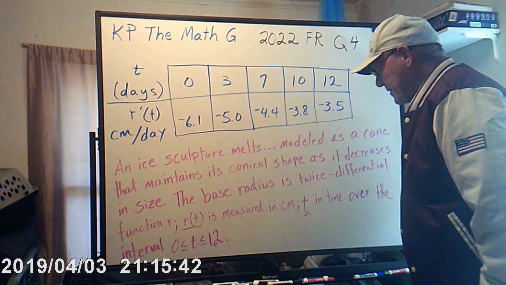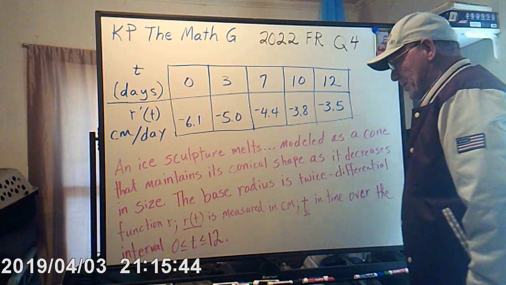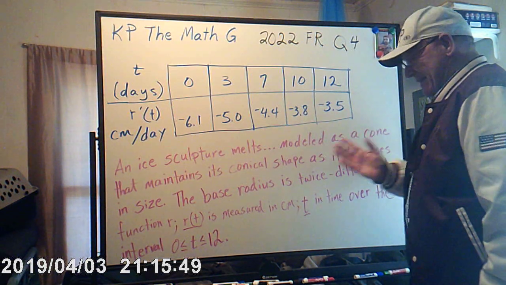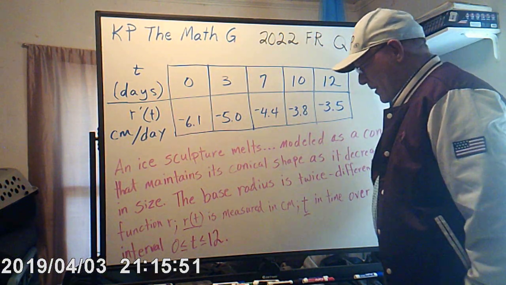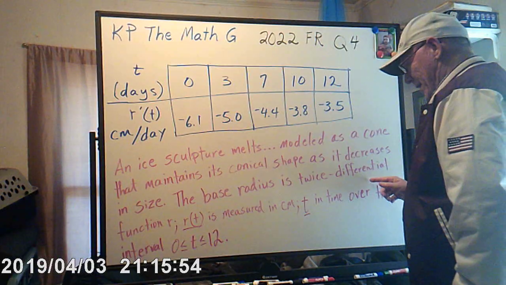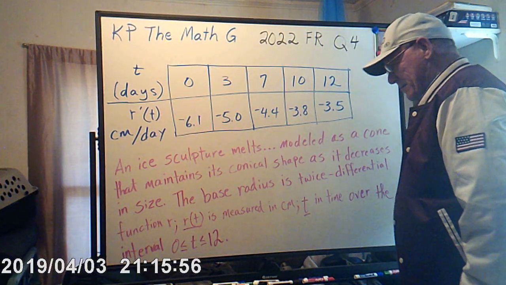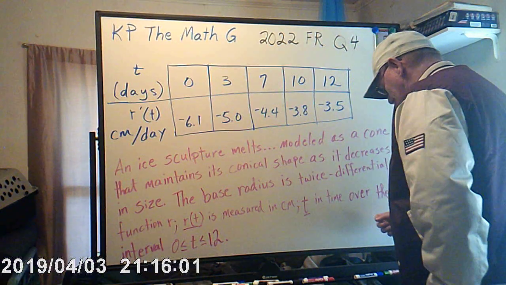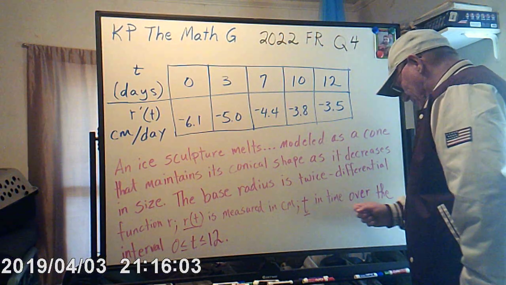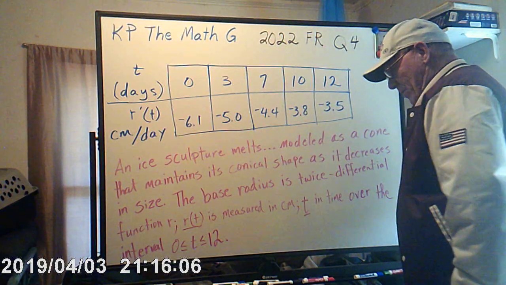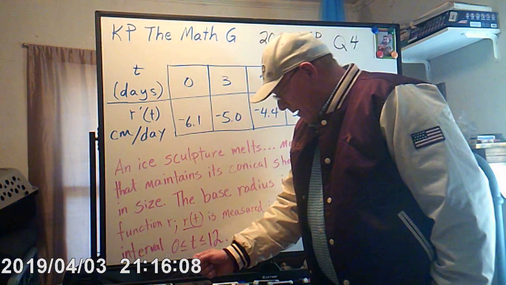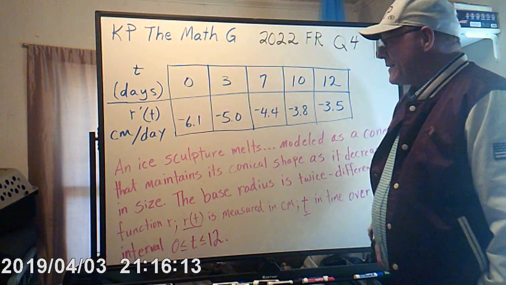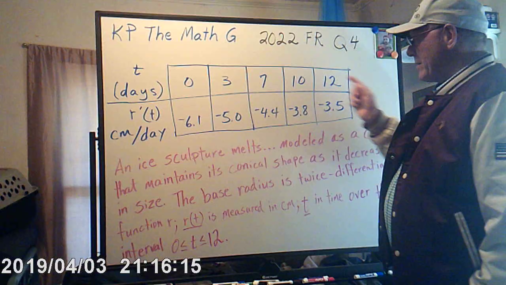It melts, and it's modeled as a cone that maintains its conical shape as it decreases in size. The base radius R of T is measured in centimeters, and time T is measured in days over the interval T between and including 0 and 12. So there it is right here, from 0 to 12.